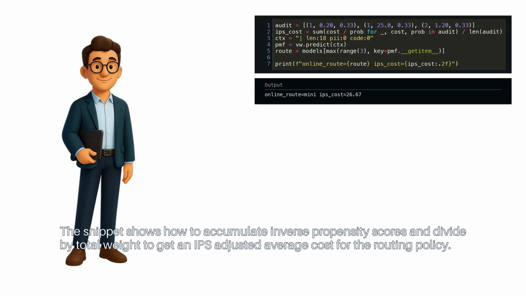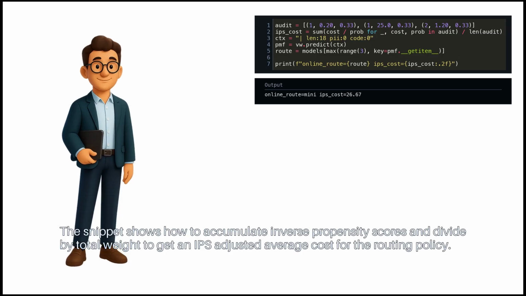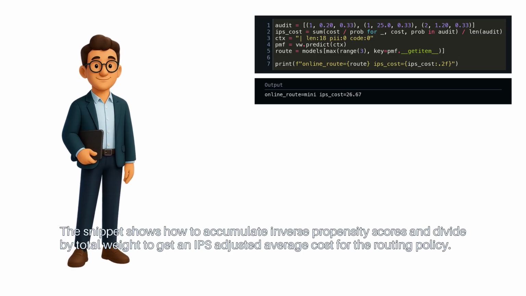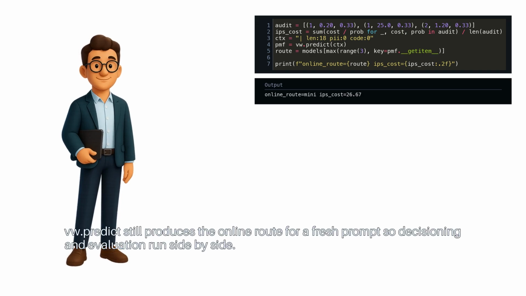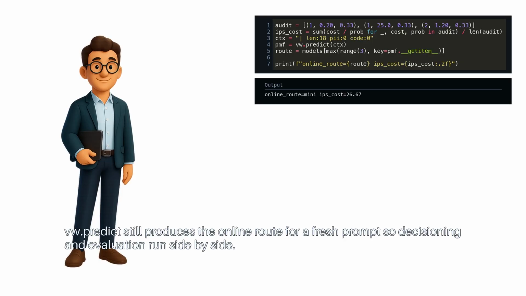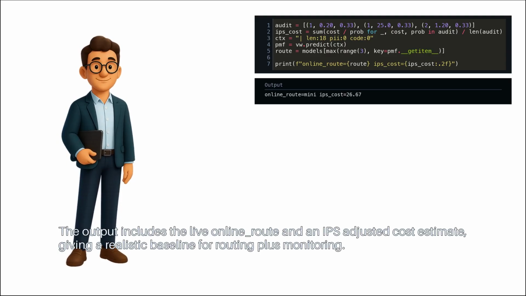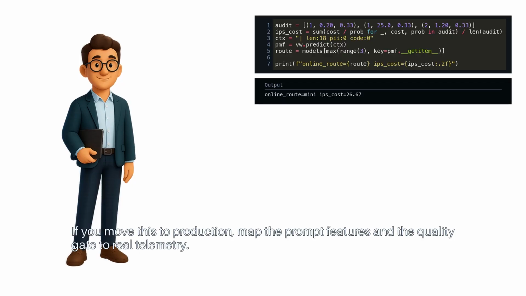The snippet shows how to accumulate inverse propensity scores and divide by total weight to get an IPS-adjusted average cost for the routing policy. VW predict still produces the online route for a fresh prompt, so decisioning and evaluation run side by side. The output includes the live online route and an IPS-adjusted cost estimate, giving a realistic baseline for routing plus monitoring.